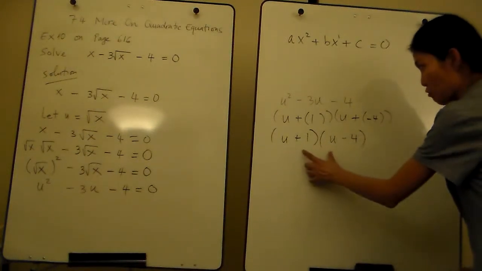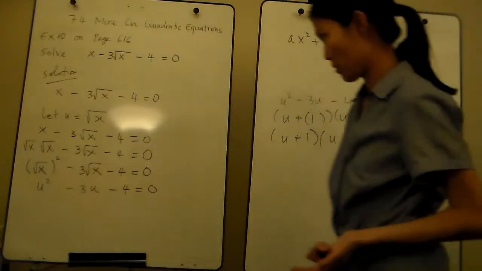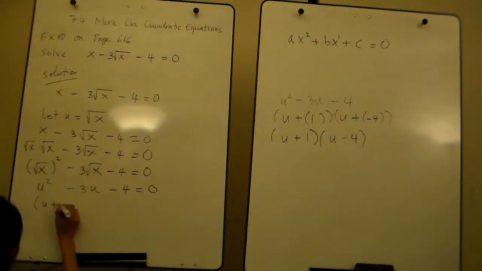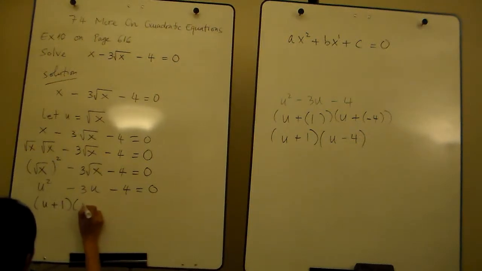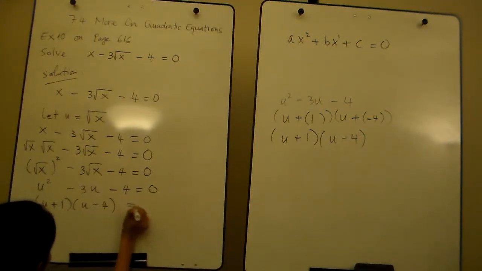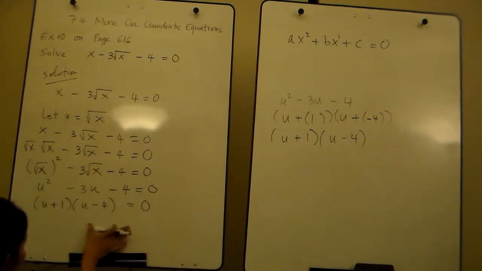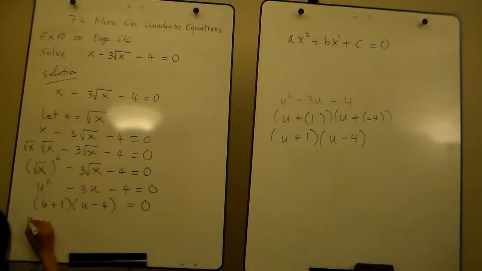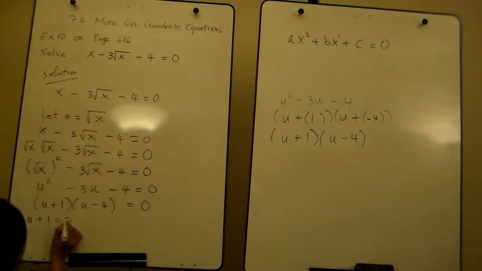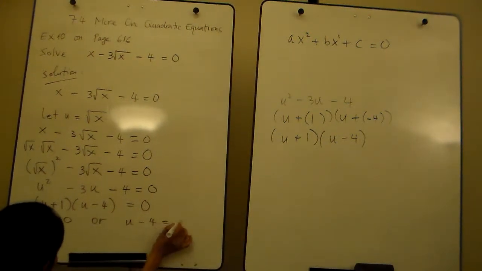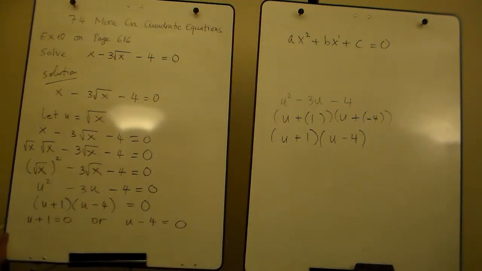So replacing these two factors for this trinomial, I get u plus 1 times u minus 4 equal to 0. We can use the principle of 0 to factor this out. So either u plus 1 equal to 0 or u minus 4 equal to 0 by the principle of 0.